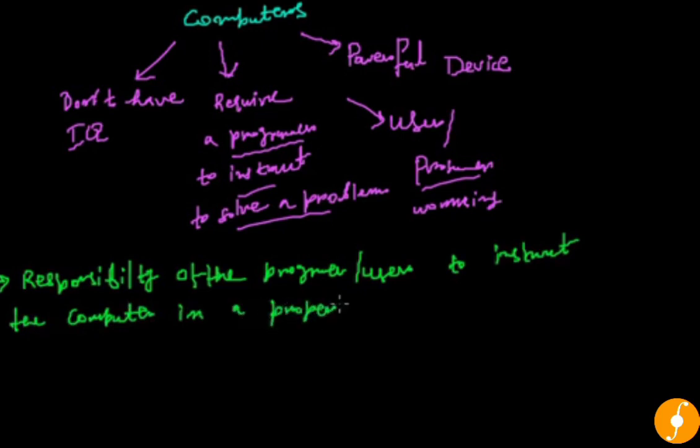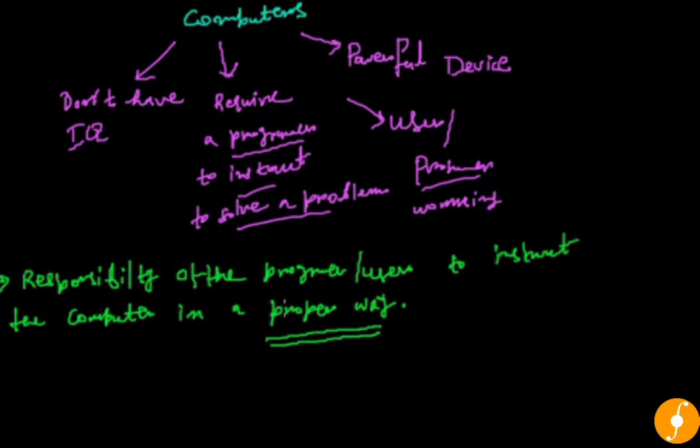If the instruction is not given in a proper way, if it is wrongly given, then the computer will process it in a wrong manner. That is what we do not want the computer to do. We want exact calculations and a correct solution for a problem.